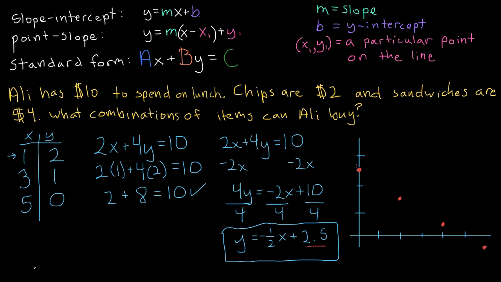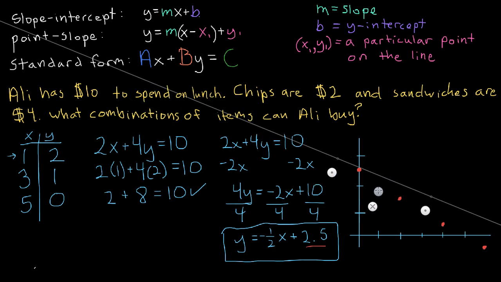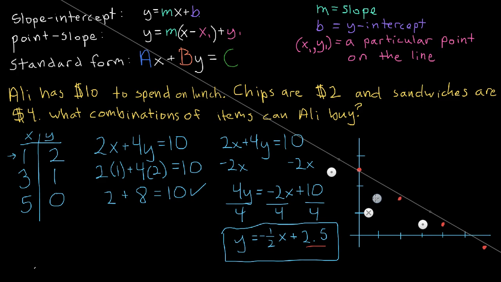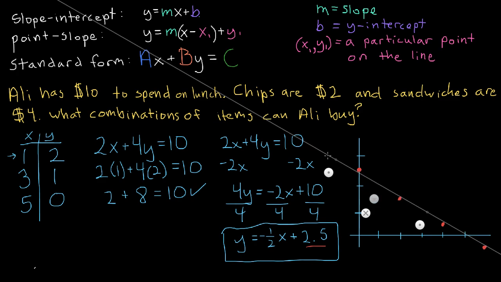And so here I have a line, and let's see if I can connect these dots. I'll see how well I did. Pretty good. So I can connect those dots with my line here. And this is the line that models this equation right here, but also this equation right here, because it's just in a different form.